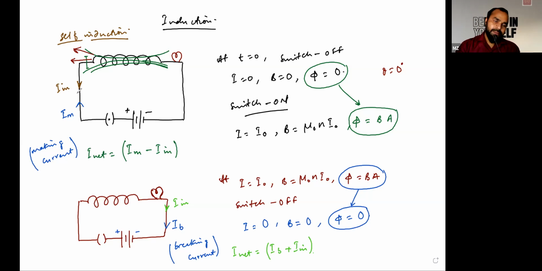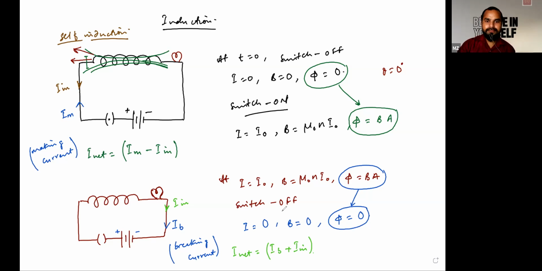On that behavior, the induced current will align itself in such a way that it opposes the variable current rate. So it will align in just the opposite direction.